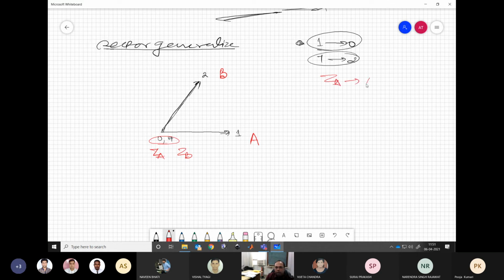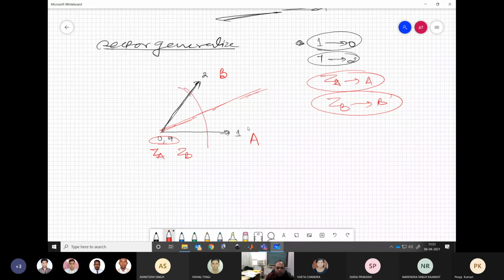ZA is only one switching away from A and ZB is only one switching away from B. Now, in this generalized sector, whichever PWM you follow, you just ensure the condition required for maintaining symmetry within a sector, which means whatever vector you apply between alpha 0 and 30 degree, you apply the dual vector in the 30 degree to 60 degree.